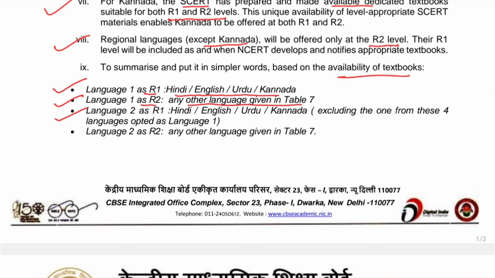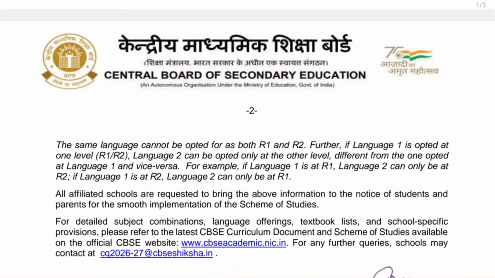Then language 2 as R1 again any one of the four except the one which you have already chosen in language 1. Like imagine if you have already chosen Hindi here, so in language 2 you cannot select Hindi, you can select either English, Urdu or Kannada. Then language 2 as R2, you can choose any other language.